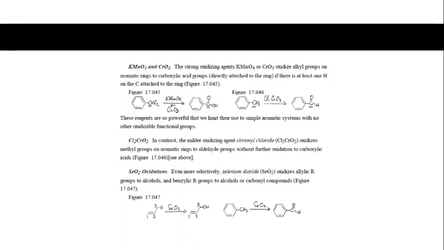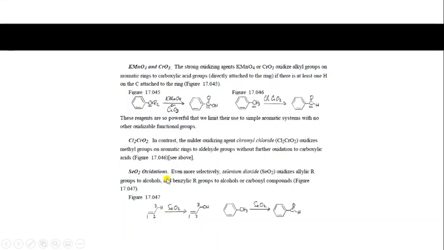What about selenium oxidation? Selenium oxide, SeO2: if we subject a double bond alkene to it, we will see that only the allylic position will be oxidized. It will be oxidized to the alcohol.